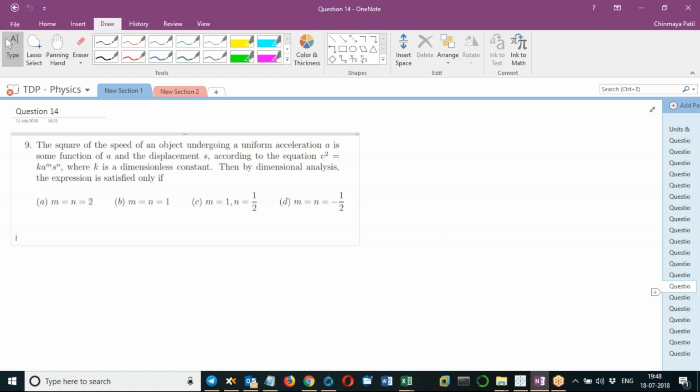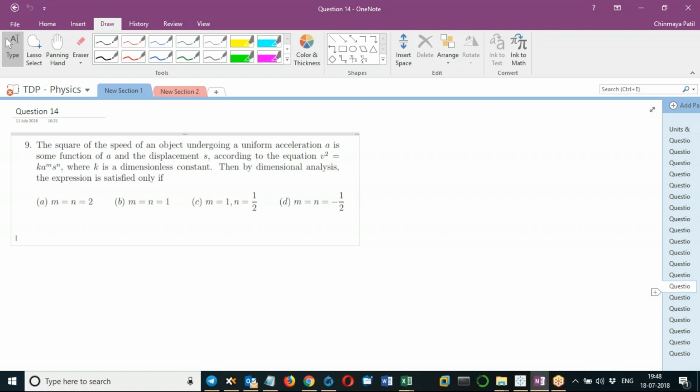Whenever it is mentioned that it is some function of a and displacement, the way we should always express it is something like this.